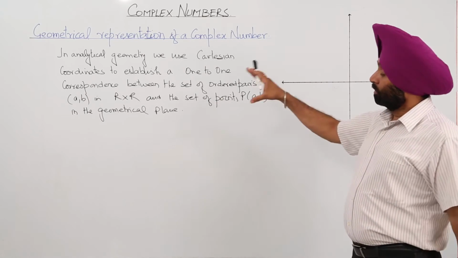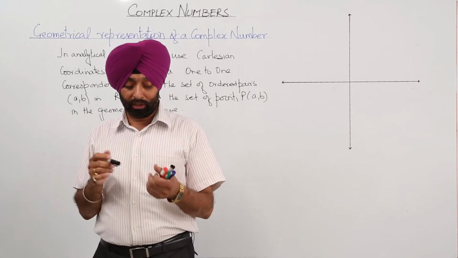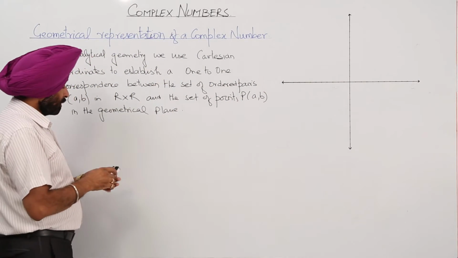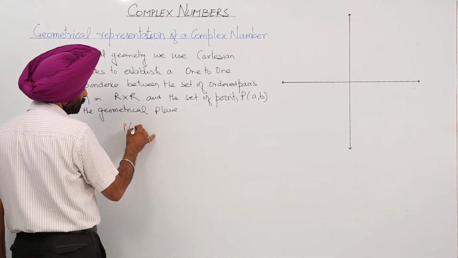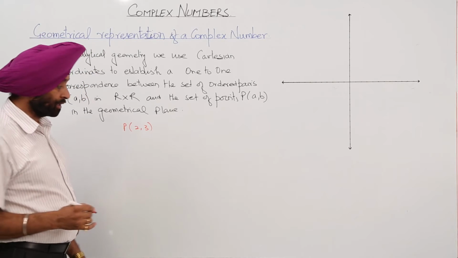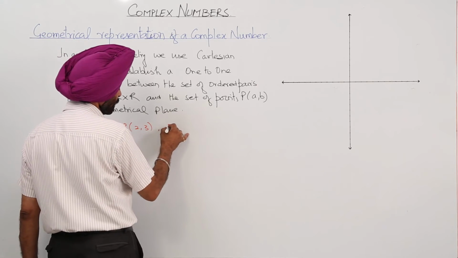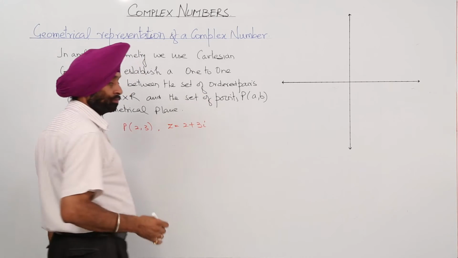Okay. Now we can represent an ordered pair in the form of a complex number. Suppose we have the ordered pair 2 and 3. So what can we write? We can write z is equal to 2 plus 3 iota.